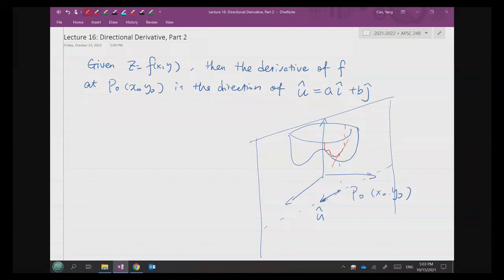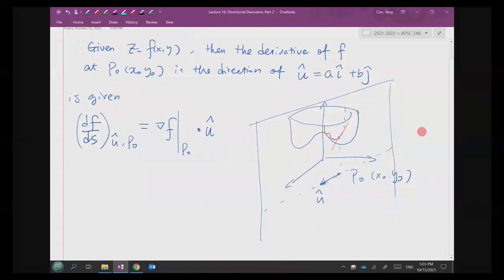Notation wise, the directional derivative is given by df over ds in the direction u hat at the p naught location, and it equals del f at the p naught location dot u hat. This is the directional derivative that we derived in the previous lecture.